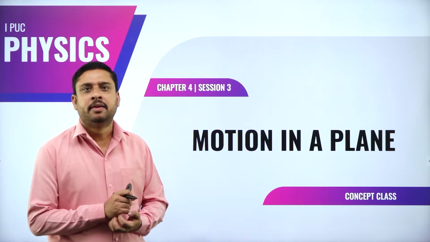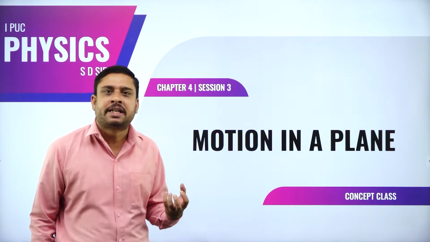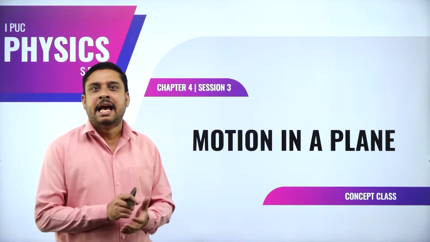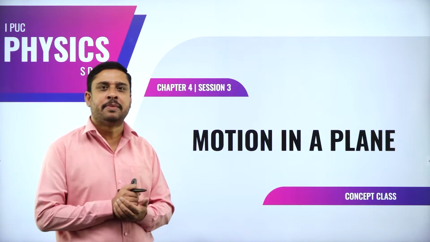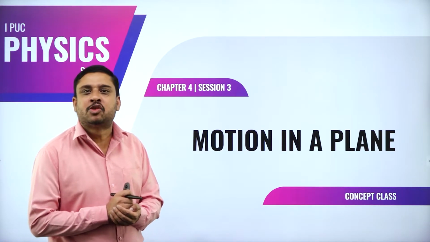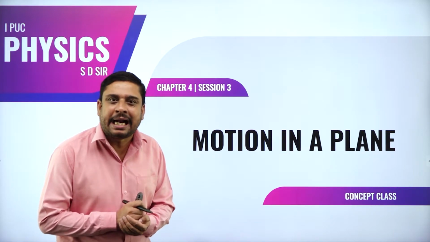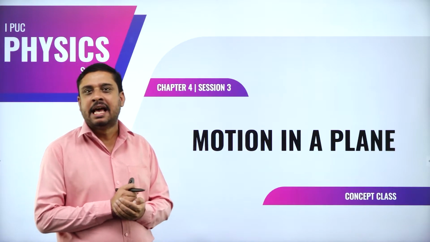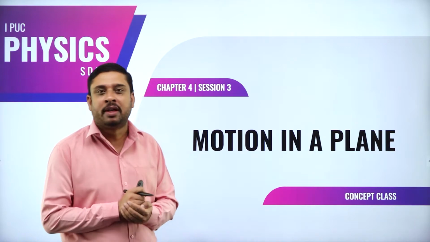Yesterday we told two vectors cannot be added as we add two scalars, because in case of vectors we need to add the directions as well as the magnitude.